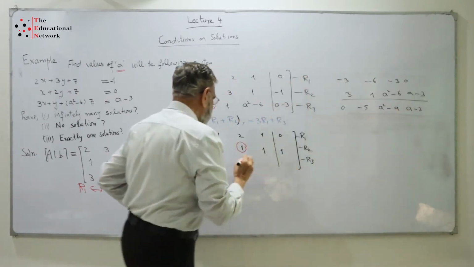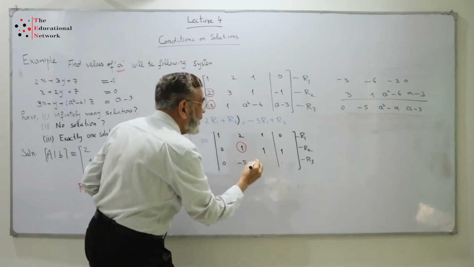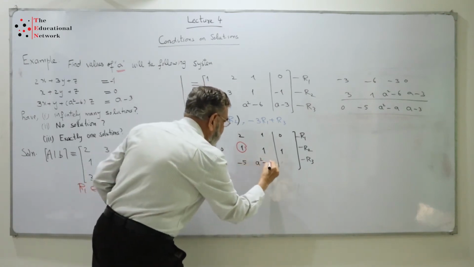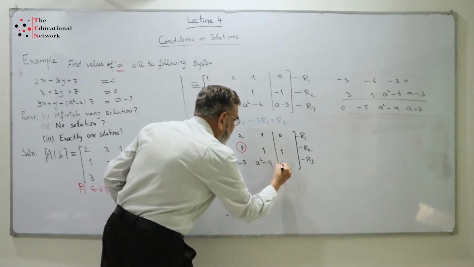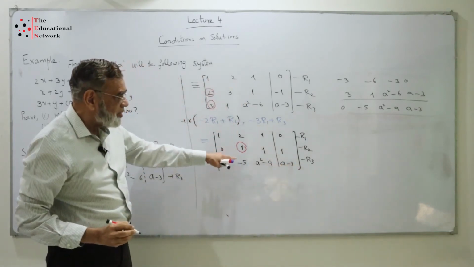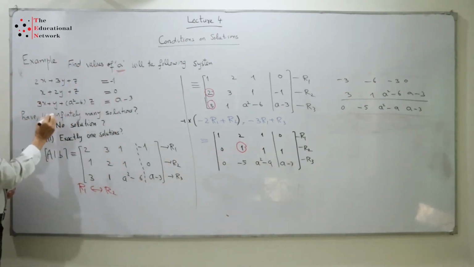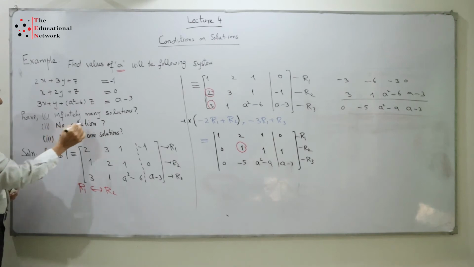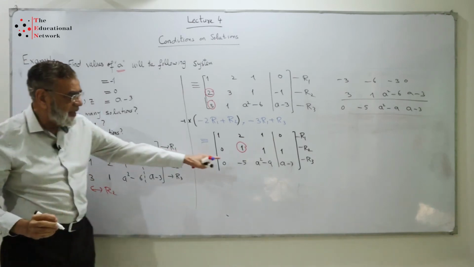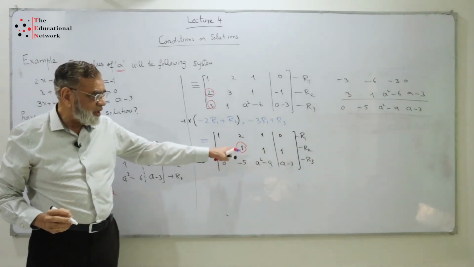So we write it here: 0, -5, a square -9, -3. Now my next step is to make this one 0, because I have to find the values of a which will give me infinitely many solutions, no solution, or exactly one solution. That is in my third row, so I just focus on this one.